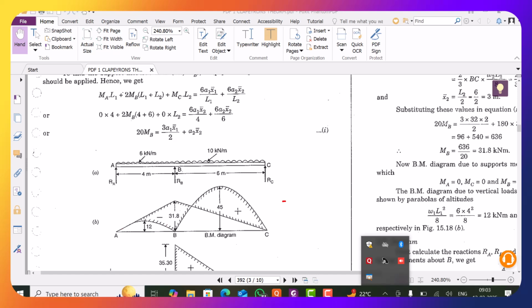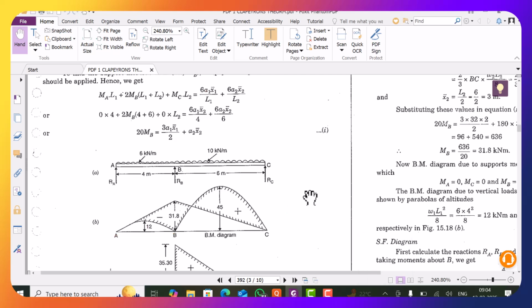Area of a parabola is 2/3 base, which is this 4 meters, into height, which is 12. So 2/3 base 4 multiplied by height 12 gives the value of A1.